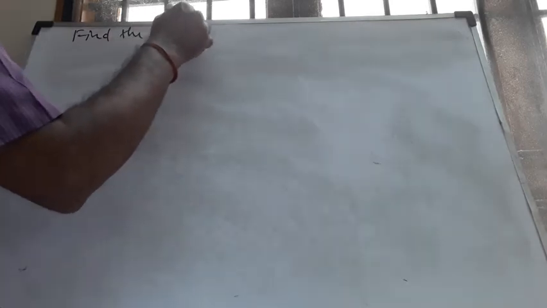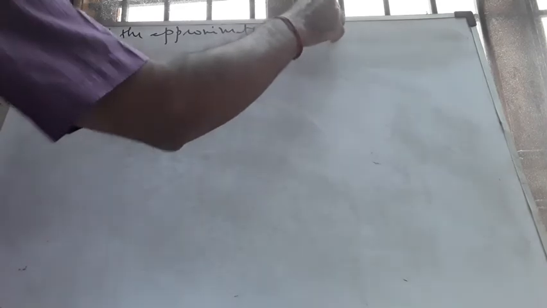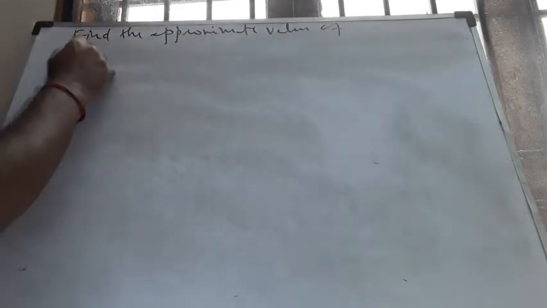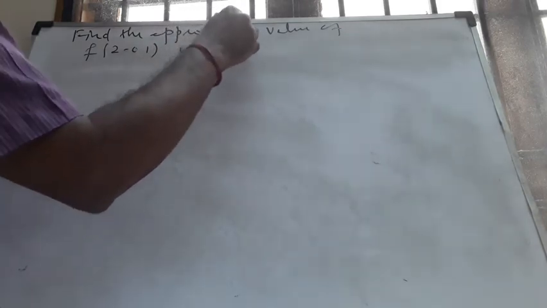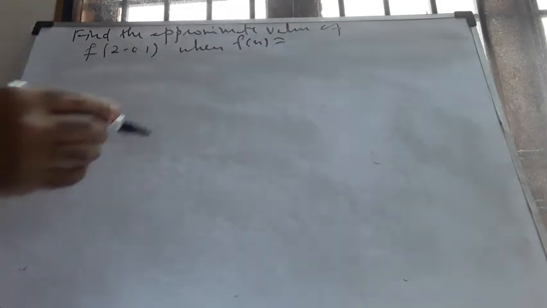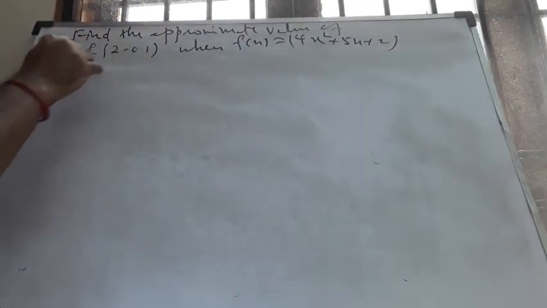Find the approximate value of f of 2.01, where f of x is equal to, let us say, 4x square plus 5x plus 2.